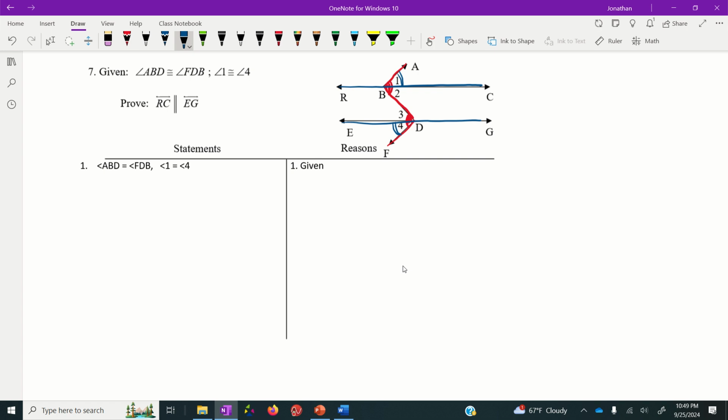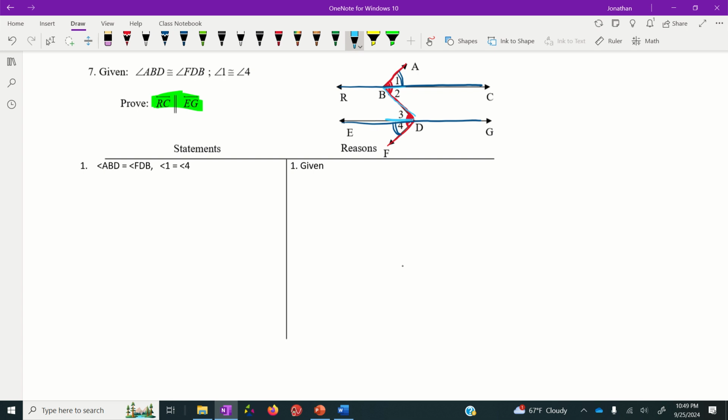So we've marked our congruence, but we don't have any keywords. Maybe we're stuck. So let's start with our proof statement and work backwards. If these lines are parallel, what angle pairs should be equal? Hopefully you see it, there's a Z again going on this way.